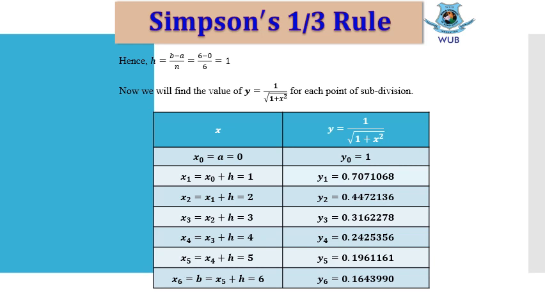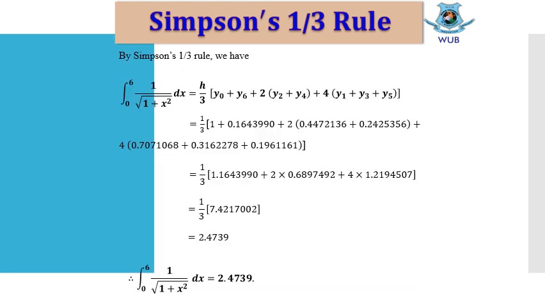Then we calculate x1, x2, x3 in this way, up to x6, because the highest value of x is 6, and we get the y6 value according to the equation. Then we put all the values in Simpson's one-third rule, and we will get our desired result.